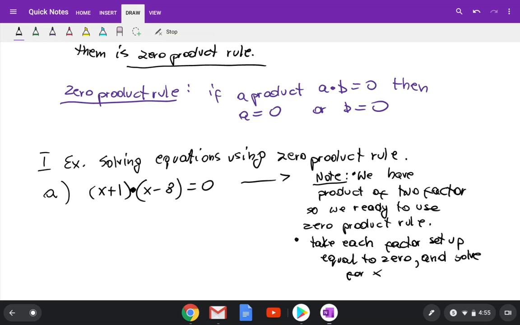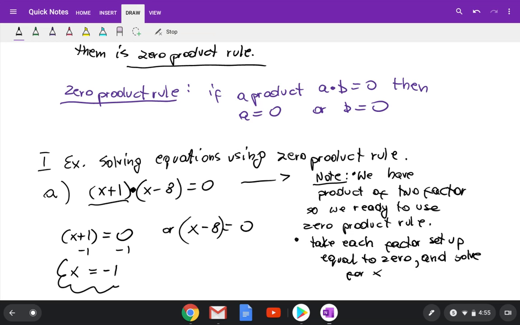Which means you're going to take x plus 1, that has to be equal to 0, since the final solution is equal to 0, or the second factor, x minus 8, has to be equal to 0. Okay, and now we're solving. The first equation, I'm subtracting 1 from both sides, and you're getting x equal negative 1. That's our first solution. For the second one, you need to add 8 to both sides. You're getting x equal 8. That's our second solution.